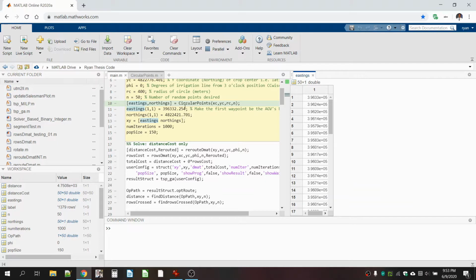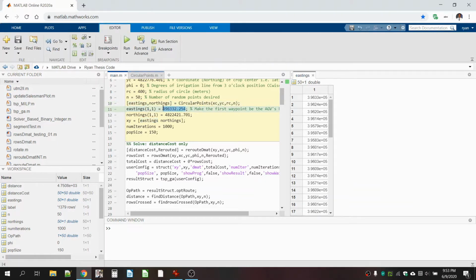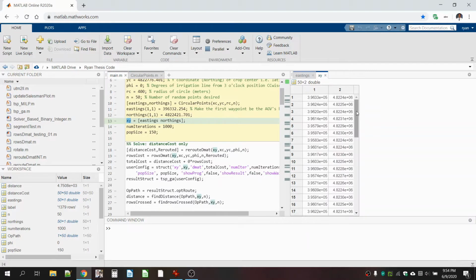I'm just taking the first one and replacing it with the coordinate of my robot starting position. So that's what these are doing. And then here I'm forming XY, which, as you can see, is just a matrix. I'm just combining these two column vectors.